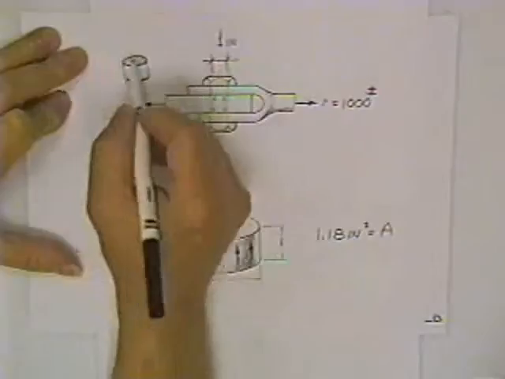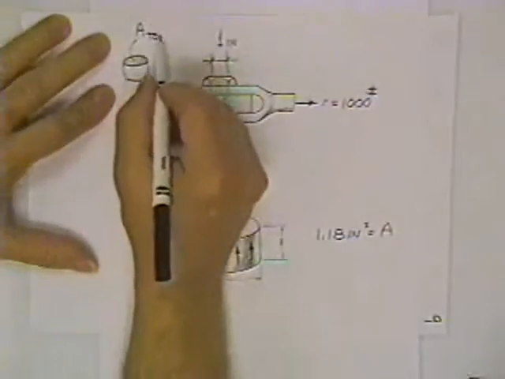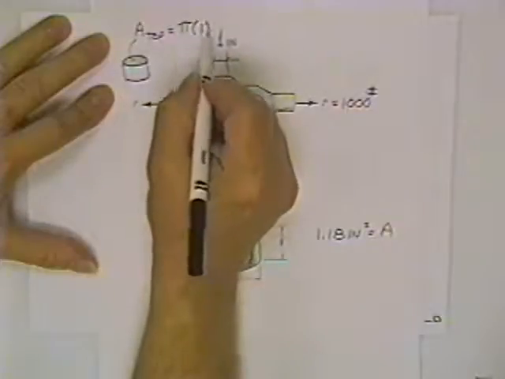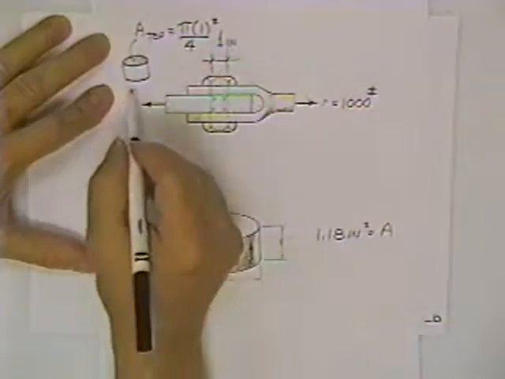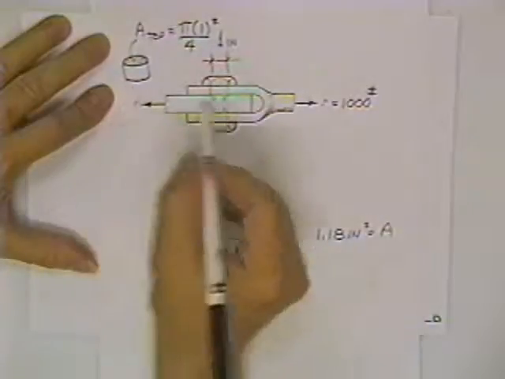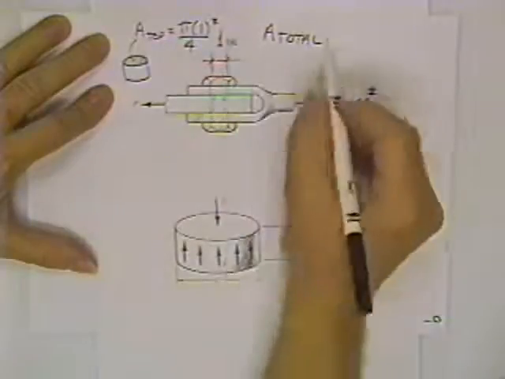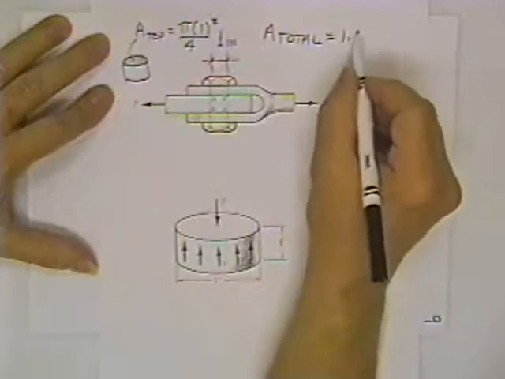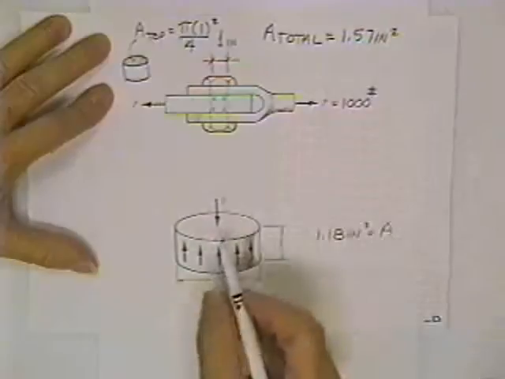This circle has a 1-inch diameter, and therefore this area on the top is equal to pi d squared over 4. And there's another one just like it on the bottom. So the total area would be 2 of these. How much do you get for that? 1.57. 1.57 square inches of steel.